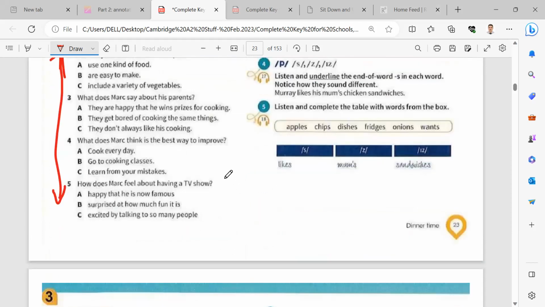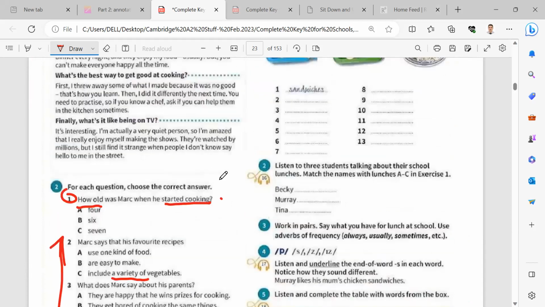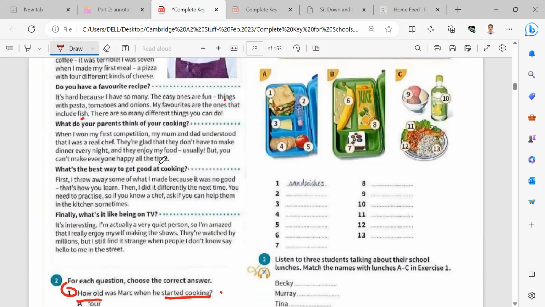Now your answer C is correct: include a variety of vegetables. As he mentioned, look, tomatoes and onions. Okay? Right. Yes, complete Nawaf, please.